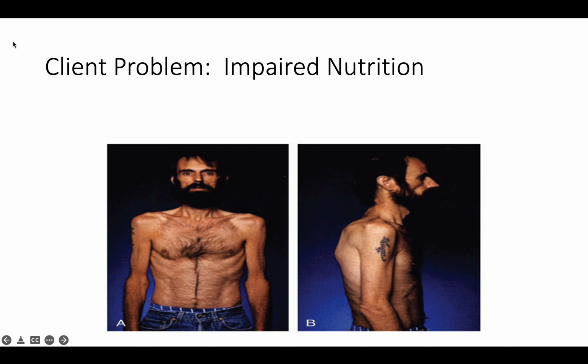So things we can do is help with nutritional supplements. We can use appetite stimulants such as Megace. There's also some studies about using CBD or medical marijuana to help stimulate appetite.